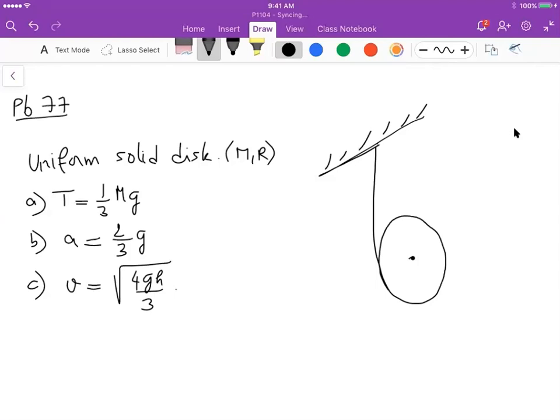So for this reason, we are going to apply Newton's second law. And then let's first define what are the forces that are acting on this disk. So as you know, we of course have the weight. We have the force applied by the Earth on the object, which is given by m times g, the gravitational force. And we have at the same time, of course, the tension in the string. So here is the tension.